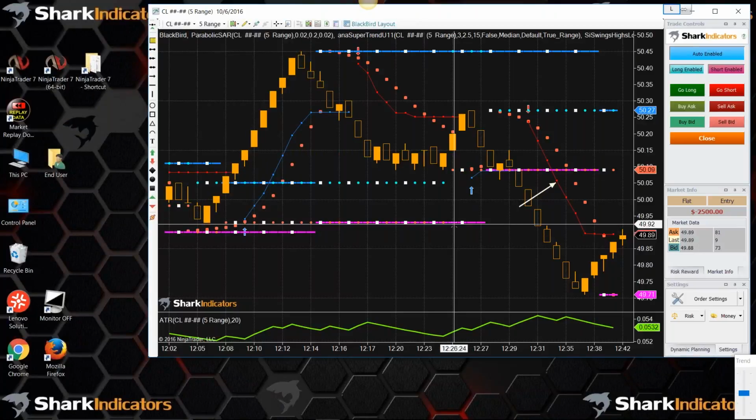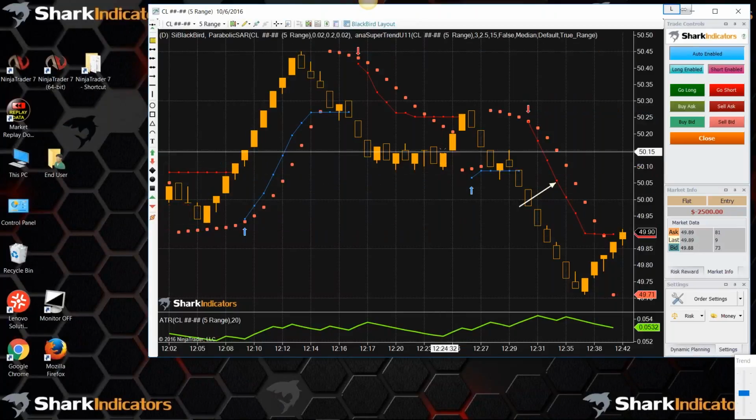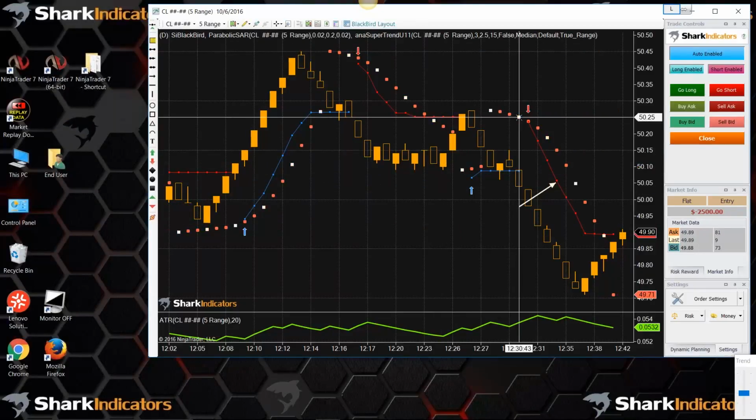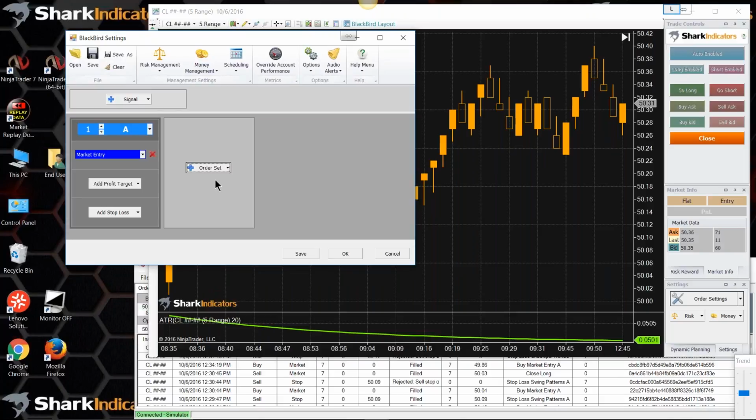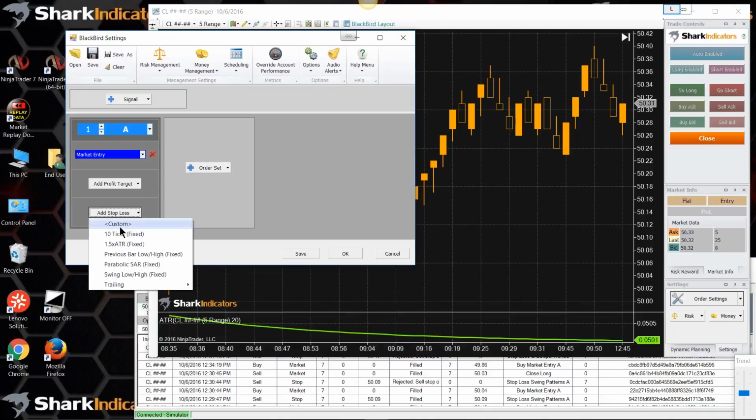Let me clean things up here a little bit. Let's repeat Frank's question: how would you set something up to protect profits once price has moved a certain number of ticks in a profitable direction?